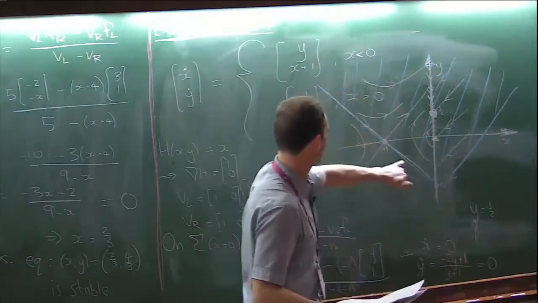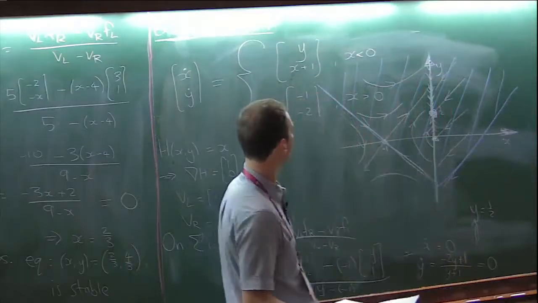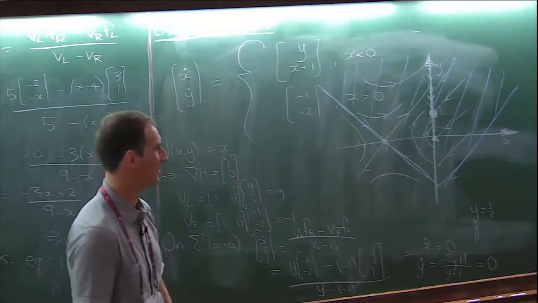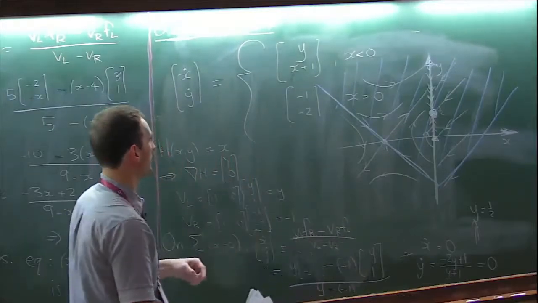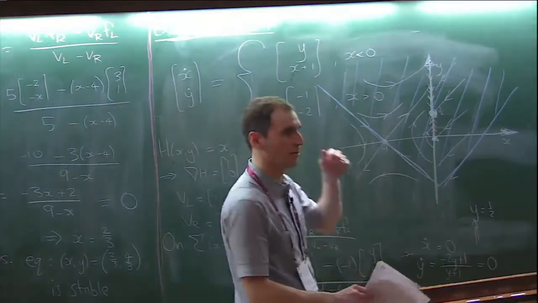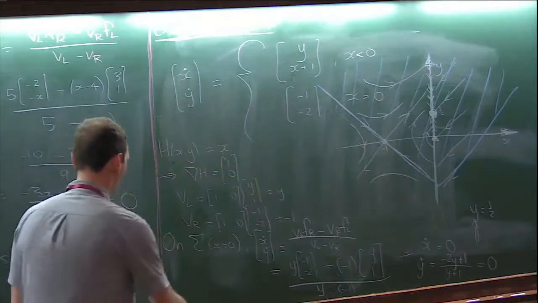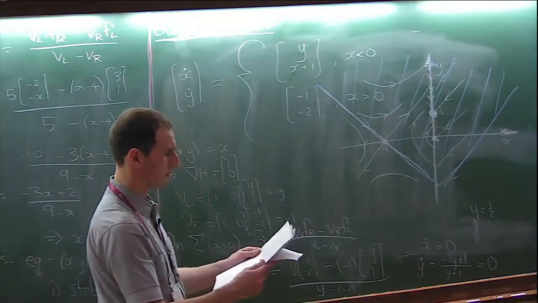And the boundary of the basin of attraction is the stable manifold of the saddle. That's a fairly usual thing to happen. But when you've got multiple attractors, the boundary of the basin of attraction is often the stable manifold of the saddle.